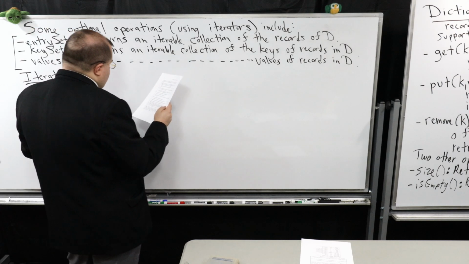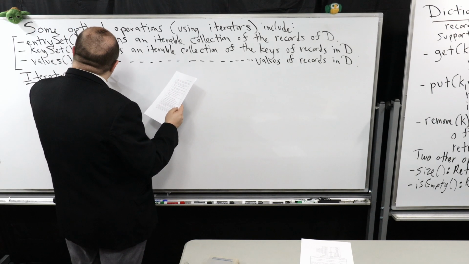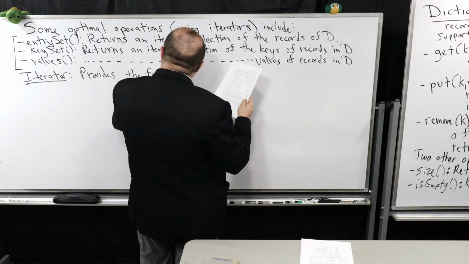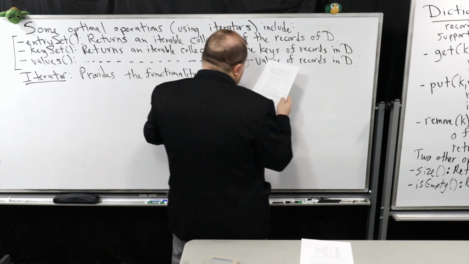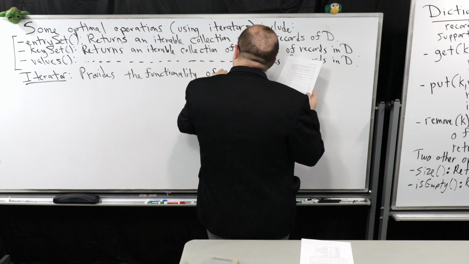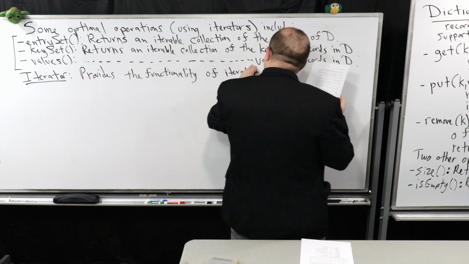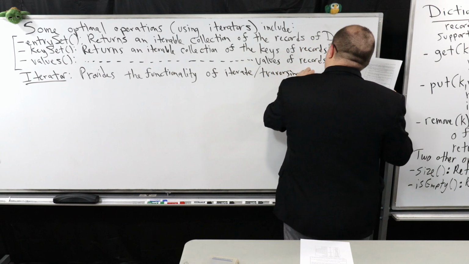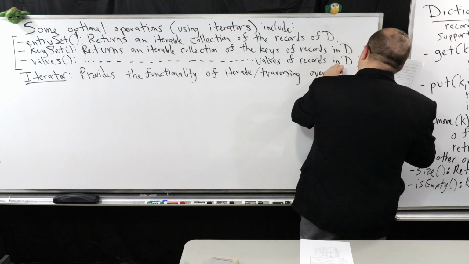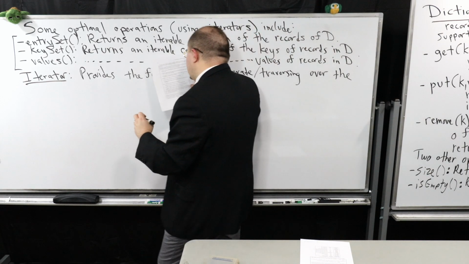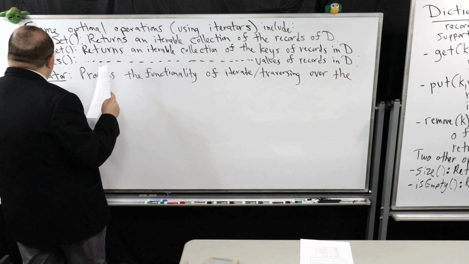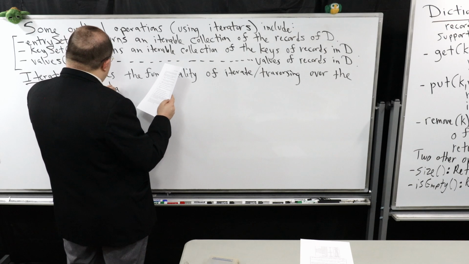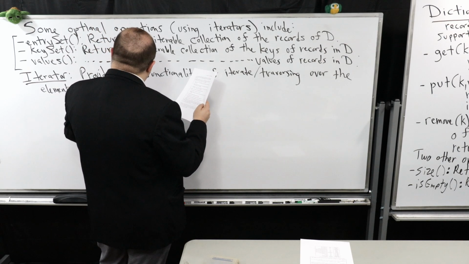So if you've never heard of what an iterator is, it provides the functionality of iterate, so to iterate or traversing over the elements in a data structure or collection.